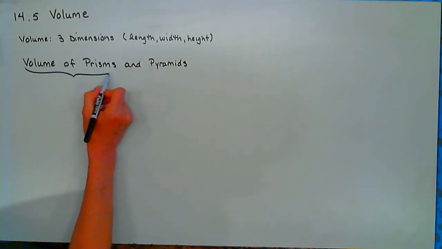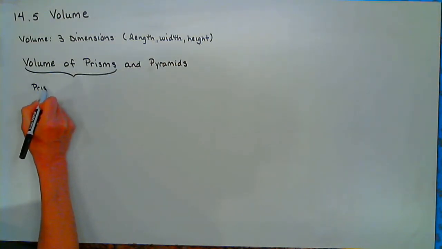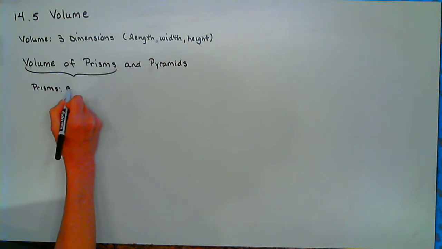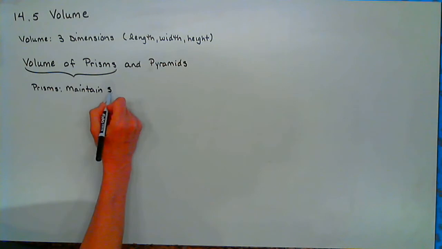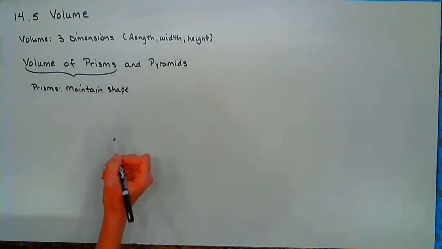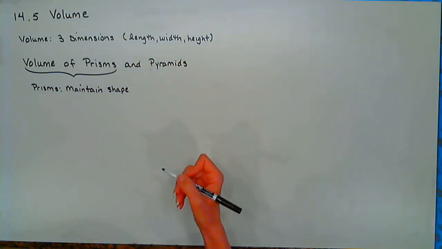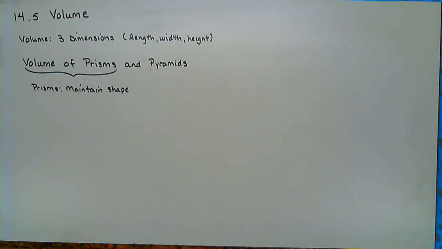Now, remember when we talked about prisms in the past, prisms maintain their shape throughout the solid. So each slice is the same shape. You can get very creative with some manipulatives, so that again, they could memorize a formula, but we can get really creative.